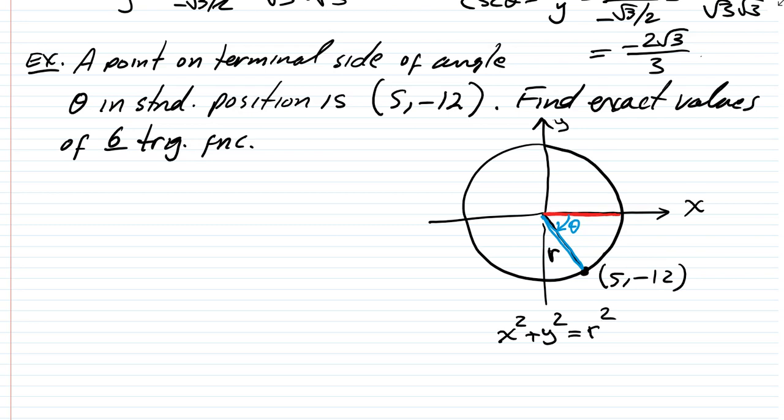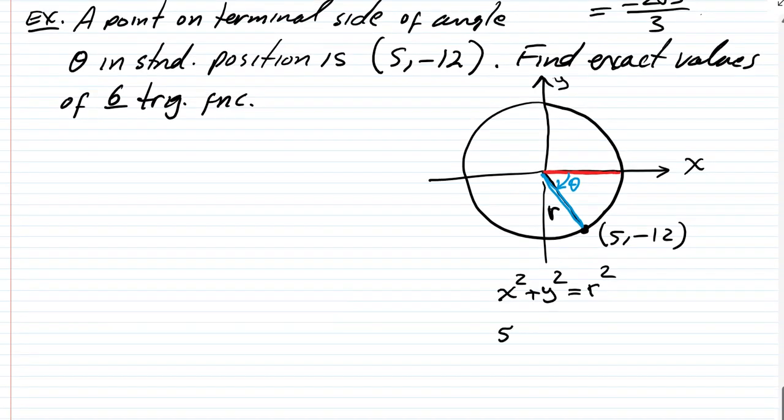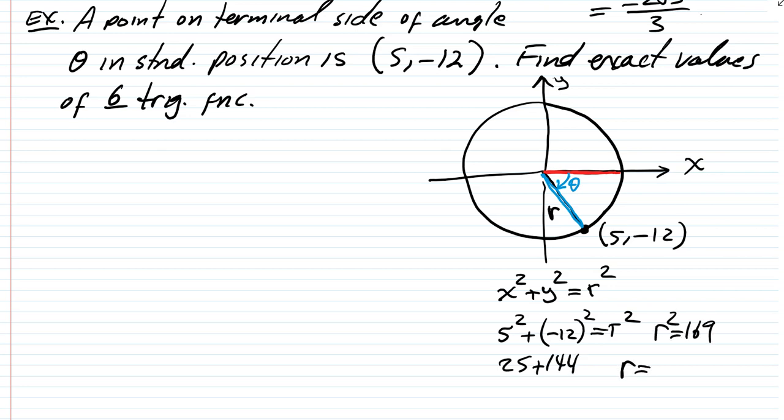So I can actually find the radius of this circle. True? When x is 5, 5 squared, y is negative 12, negative 12 squared, that's r squared. That's 25 plus 144. So r squared is 169. Therefore, r is the square root of that, or 13. And by the way, r, the radius of a circle, we always take it to be positive. Okay? So this point P is also on a circle of radius 13, centered at 0, 0.